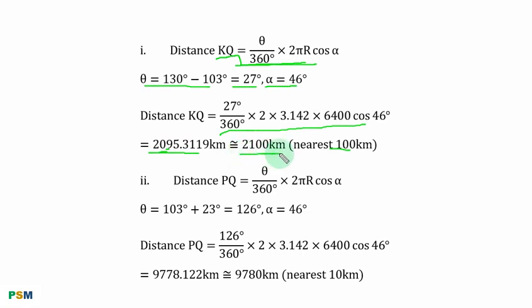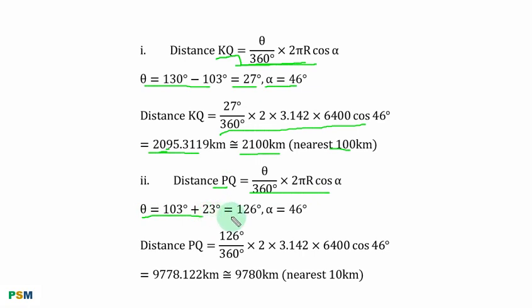2,100 kilometers. Roman figure 2, distance PQ is also along a parallel of latitude obtained using this formula. P and Q are on different sides of the prime meridian, and as such their angular difference is through addition.